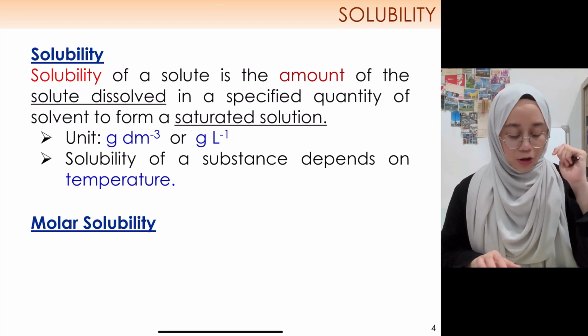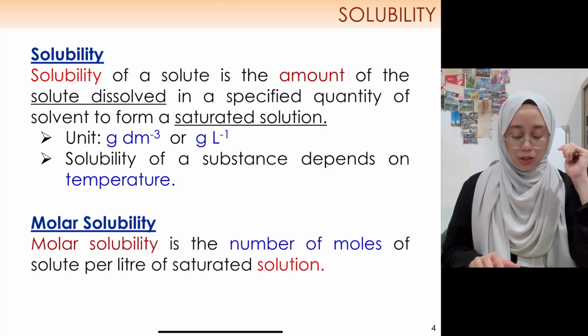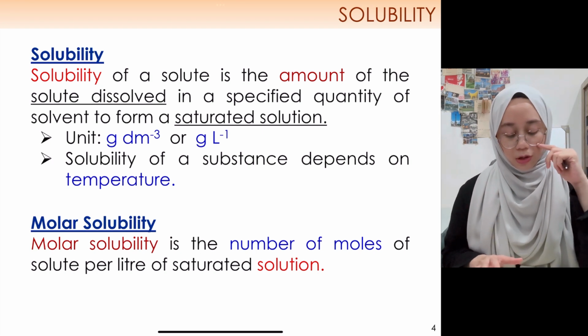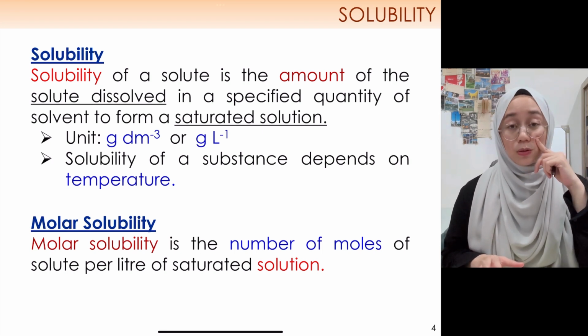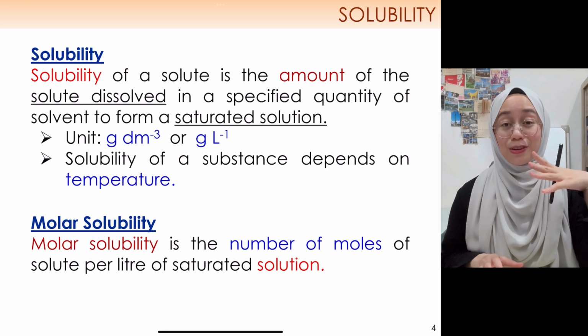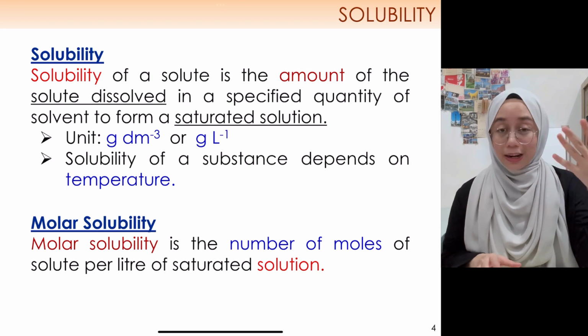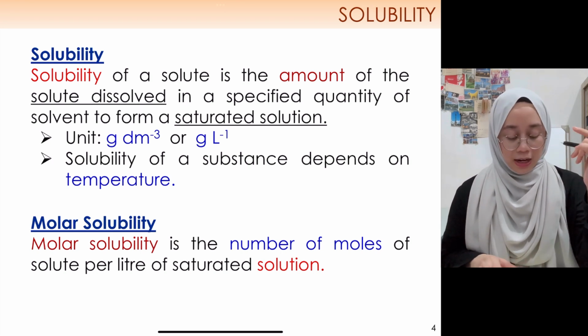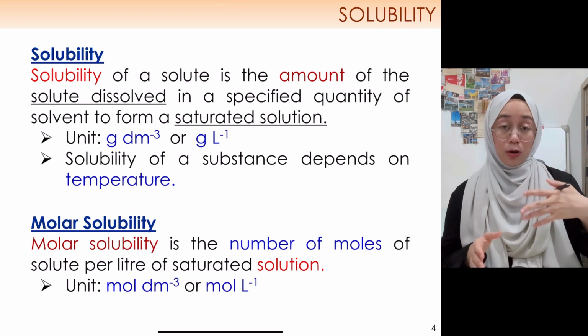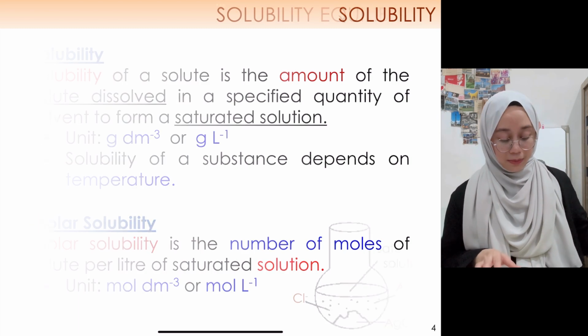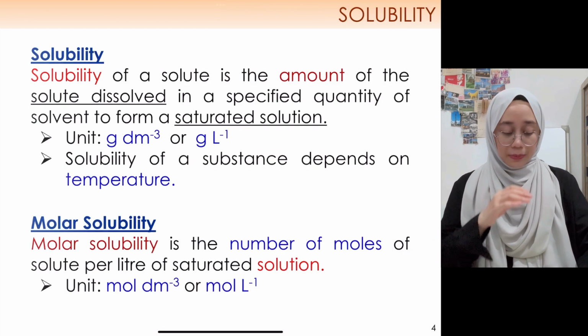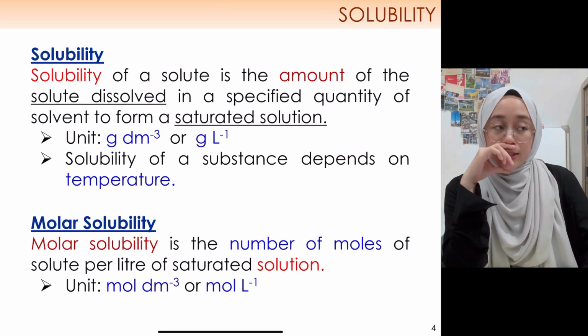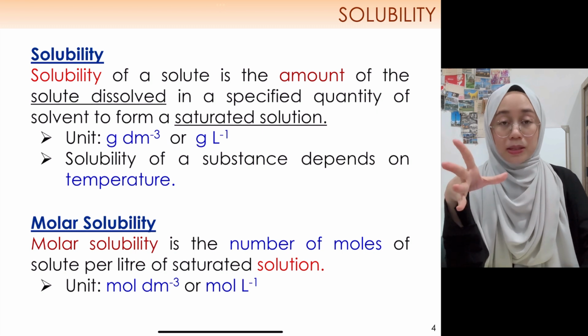Okay, and then kita tengok pula kepada molar solubility. So molar solubility pula is the number of moles of solute per liter of saturated solution. Basically molar solubility adalah molarity sebenarnya lah. Okay, unit dia mole per decimeter cube ataupun mole per liter. The thing is lah, sometimes dalam soalan dia just kadang-kadang dia just mention solubility je untuk substance tu.